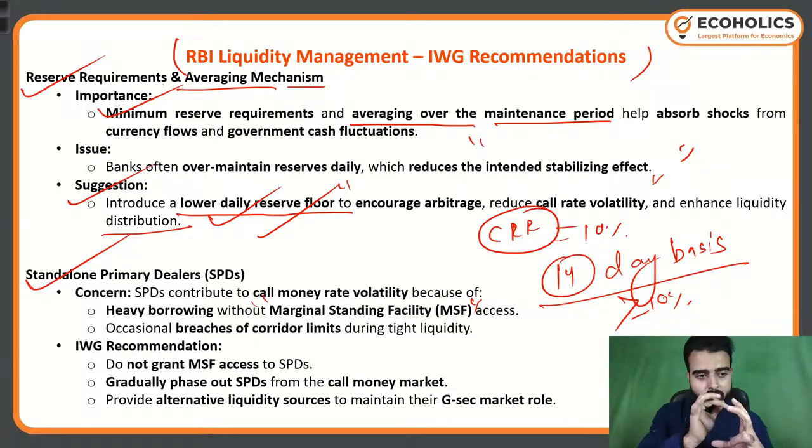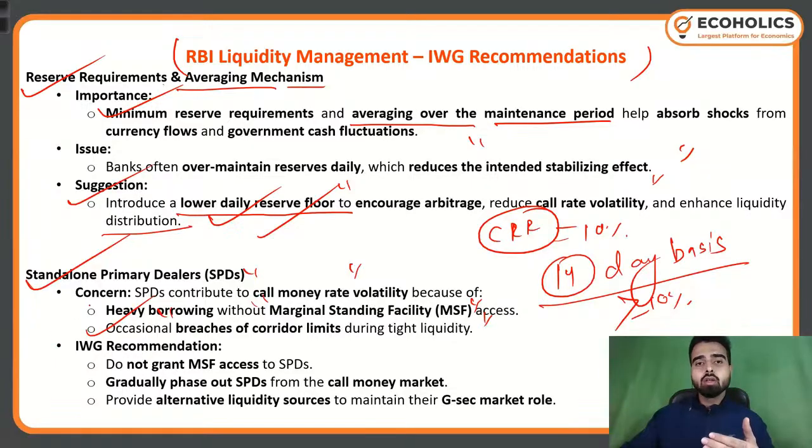So standalone primary dealers do not have access to MSF. That is the reason they heavily borrow from the call money market, and that causes volatility in the market because they don't have any other resource to borrow from. It occasionally breaches the corridor limit during tight liquidity conditions.